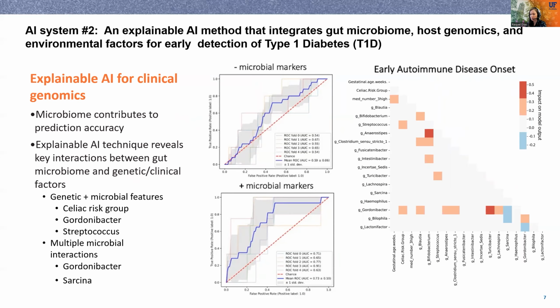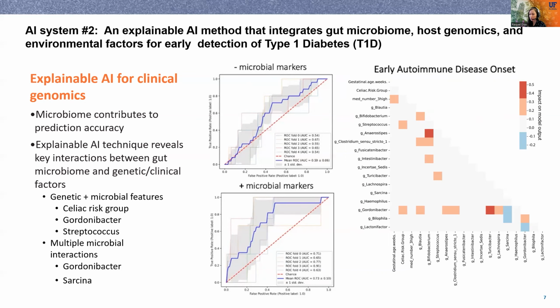So by using our explainable AI technique, we can see that when we model the disease without using microbial markers or the microbiome as predictors, and only use genetics and environment, we can achieve a mean accuracy of around 60% after doing 5-fold cross-validation.